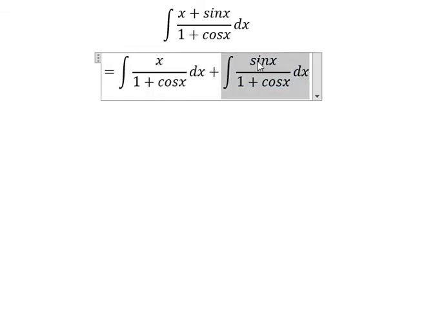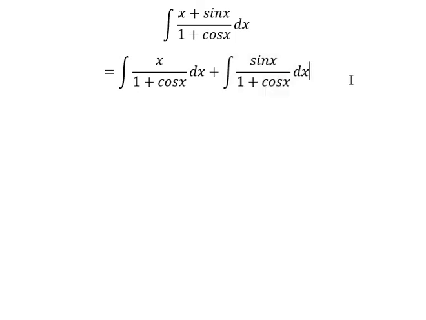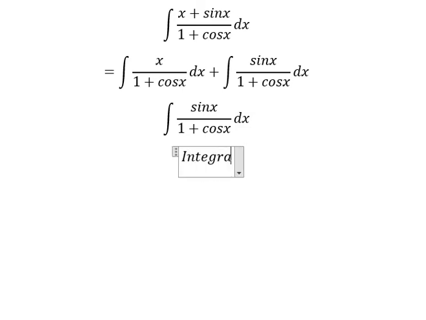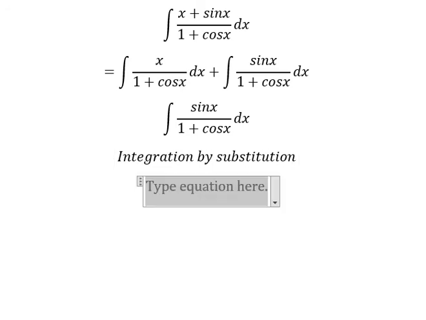Now I will concentrate on this one first. We can use integration by substitution. So we need to put u equals 1 plus cosine x.